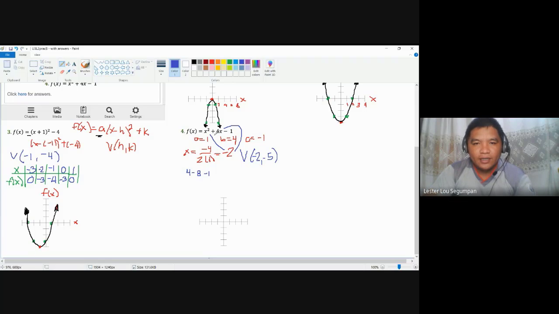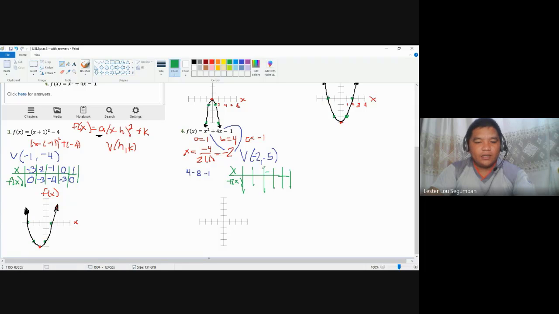Let's try to check it again. -2 squared is positive 4. 4 times -2 is -8, and then we have -1. So the vertex here is -5. Okay, so let's make our table of values, x and f of x.